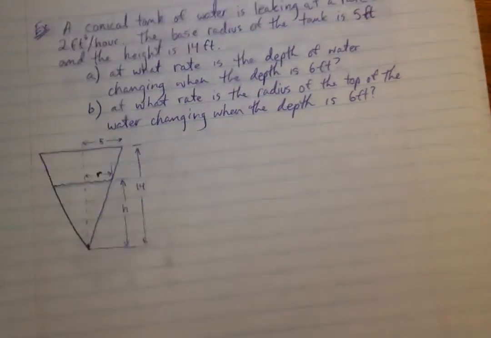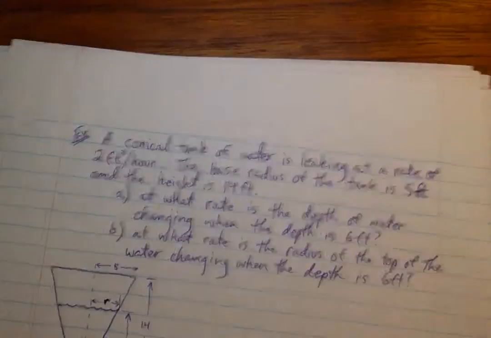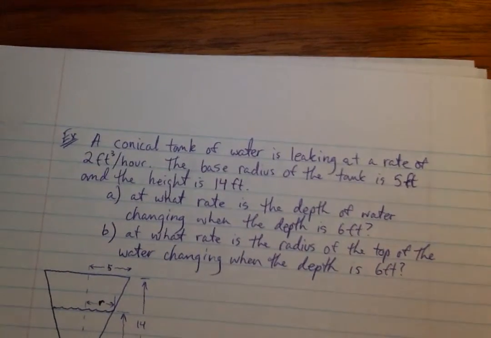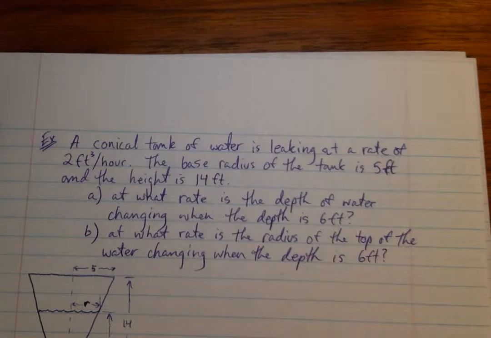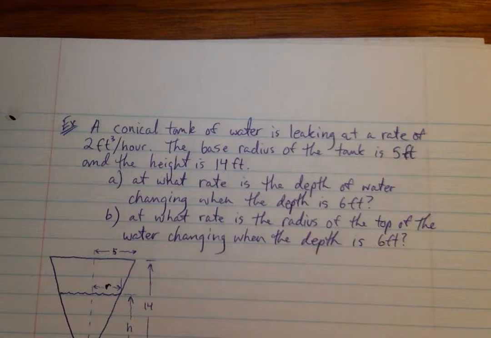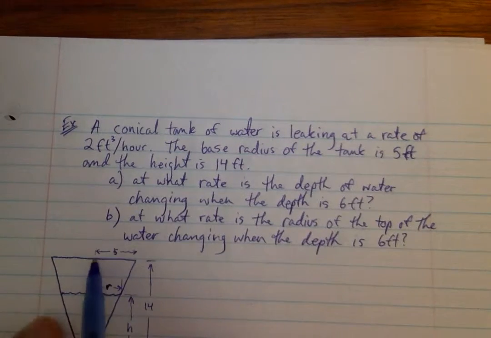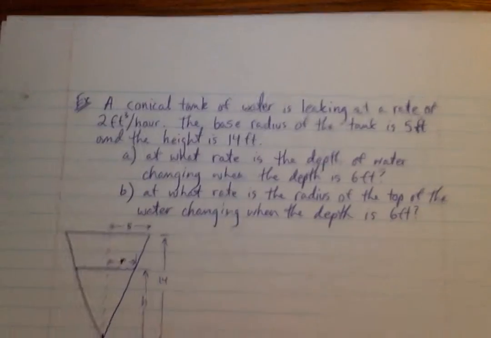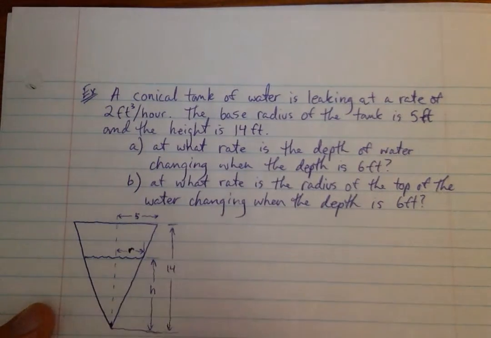Let's do more. What do we have now? Oh dear. There's a conical tank. That's conical, not comical. And it is leaking at a rate of 2 cubic feet per hour. The base radius of the tank is 5 feet. That's up here. Here's the base. And the height is 14 feet.